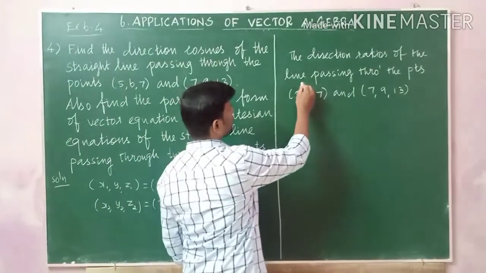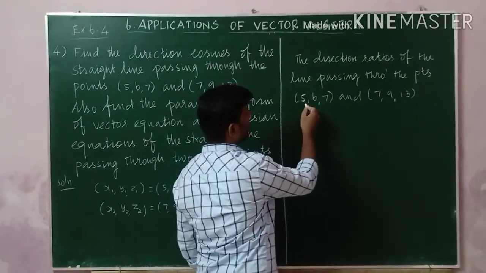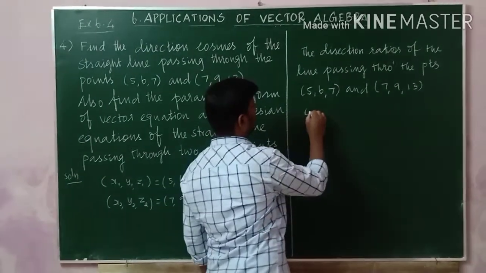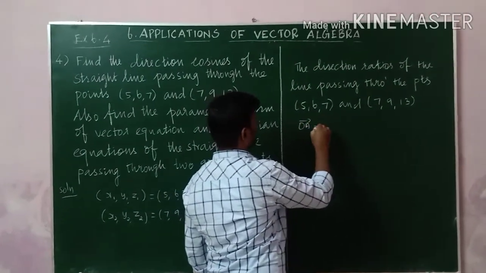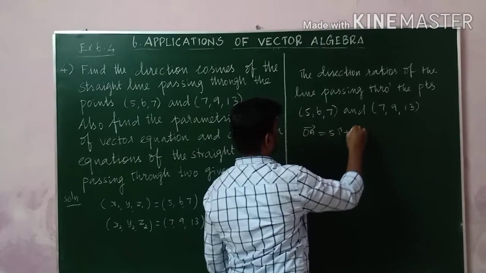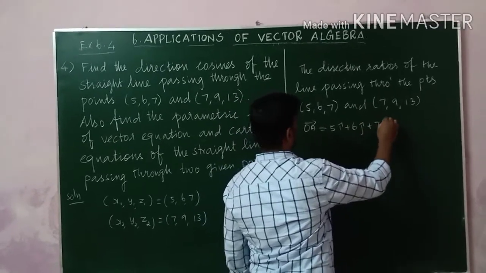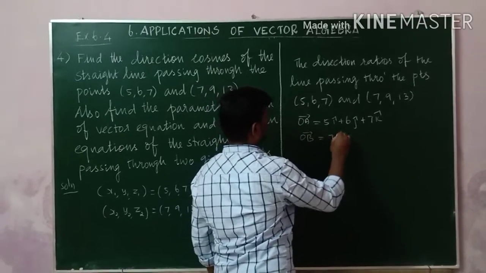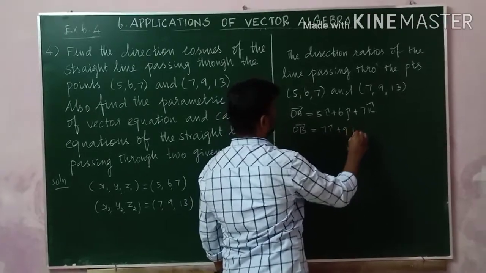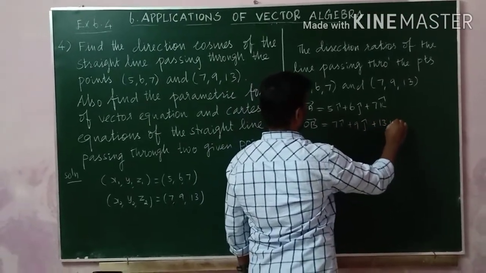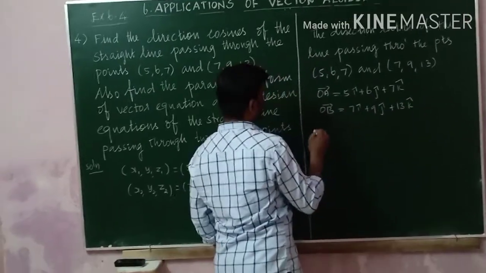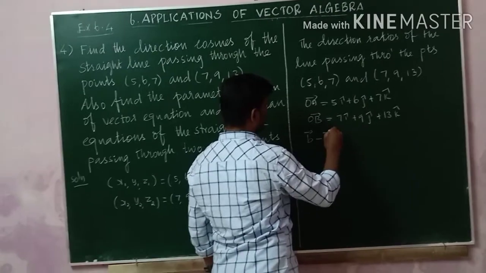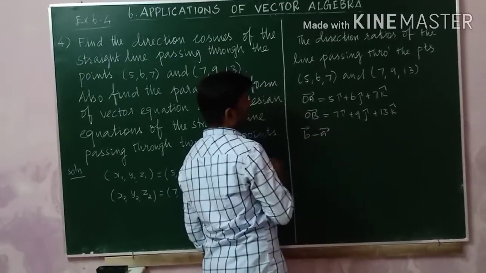How do we find them? The first point we take as OA vector, 5i cap plus 6j cap plus 7k cap. And what is the OB vector? 7i cap plus 9j cap plus 13k cap. So what do we need? B vector minus A vector. This is only our direction ratios.